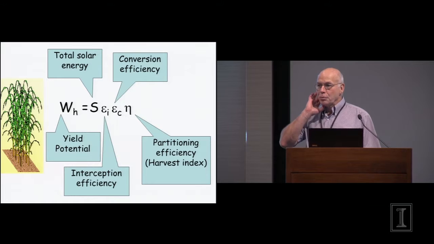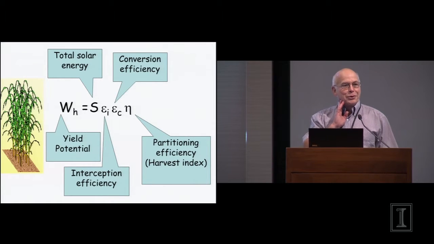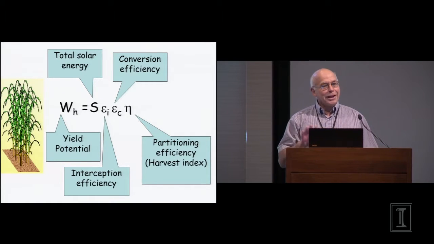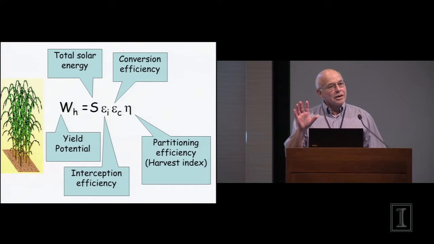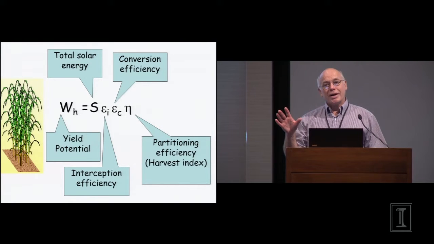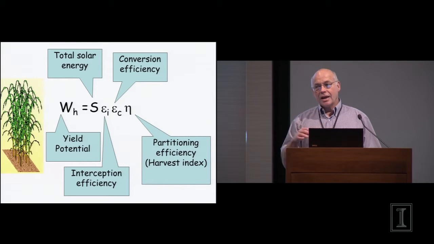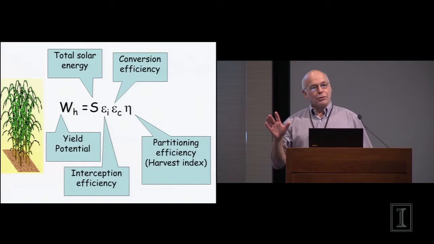Not to put too much pressure on you of remembering what Steve said yesterday, let me review it. The total yield that can be gained on agricultural land is constrained by the total amount of visible light that's available to drive photosynthesis. That's then acted on by 3 genetically determined traits within the plant.